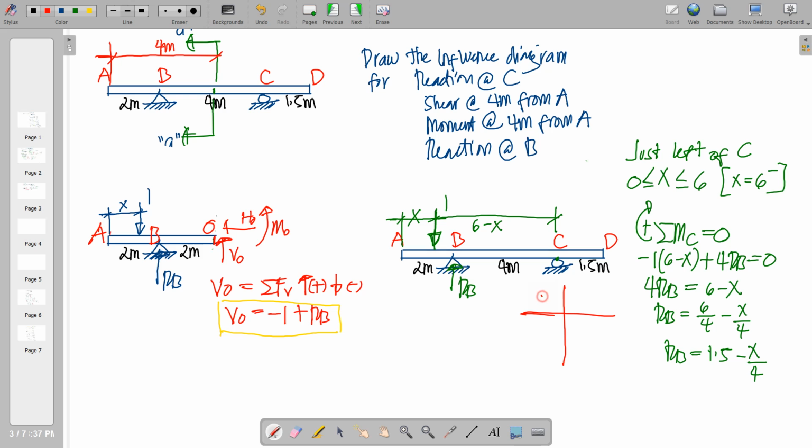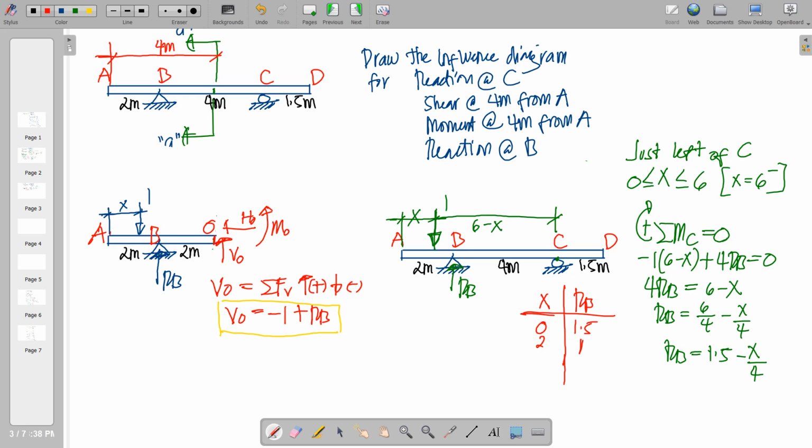Say we have here x and the corresponding RB. Now when x is 0, your RB will be equal to 1.5, so this term will now be equal to 0. And then when your x is equal to 2, what will be your RB? 2 over 4 is actually 1/2. So 1.5 minus 0.5 will be equal to 1. And then the next value for x is 6.